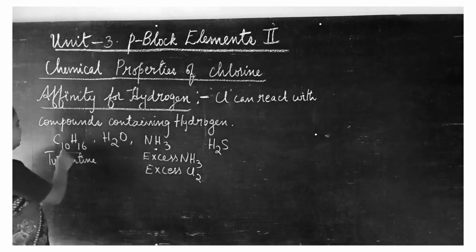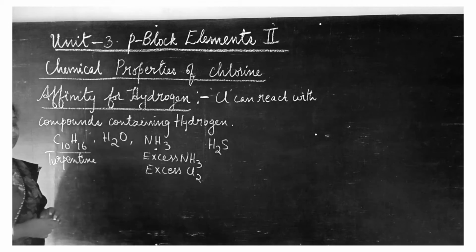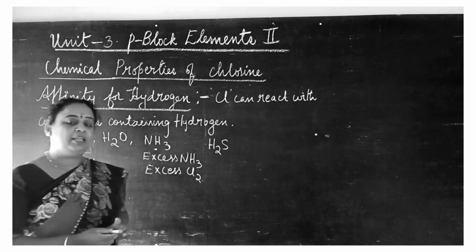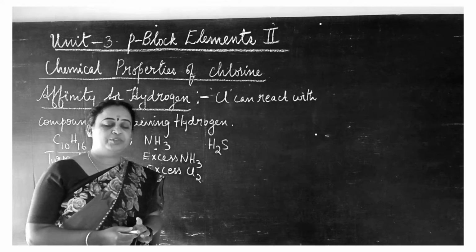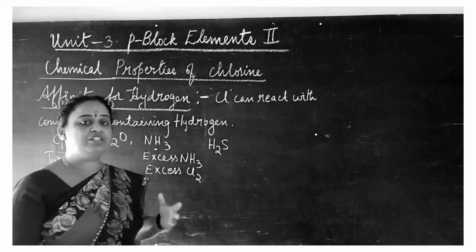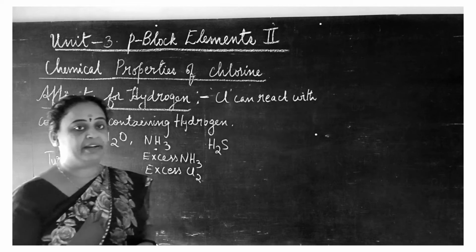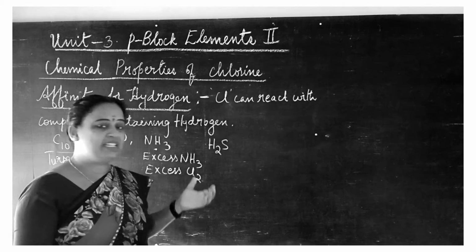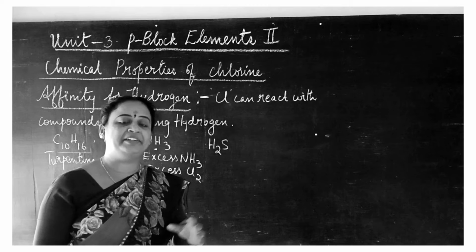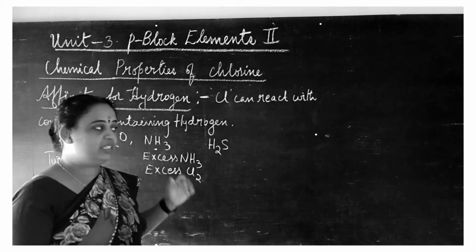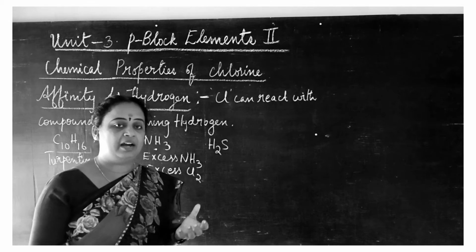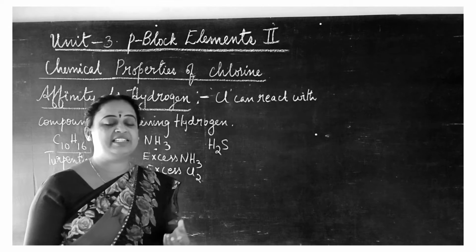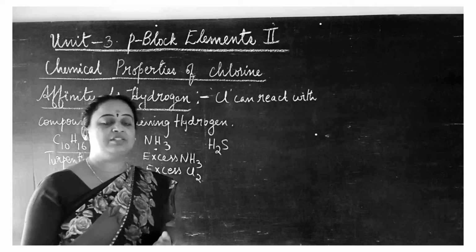We know this term turpentine; you might have come across the word. Generally people who do paint works wash their brushes with turpentine after painting. Turpentine is a solvent, generally extracted from pine trees. It is a hydrocarbon, an organic compound, a resin, acting as a solvent.